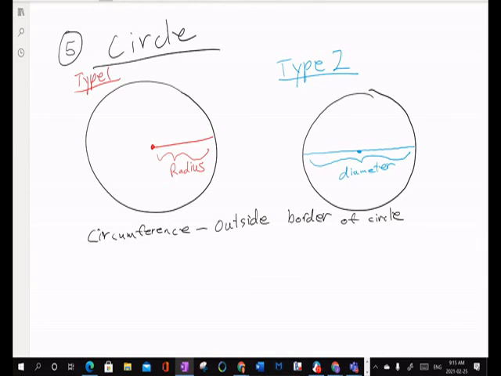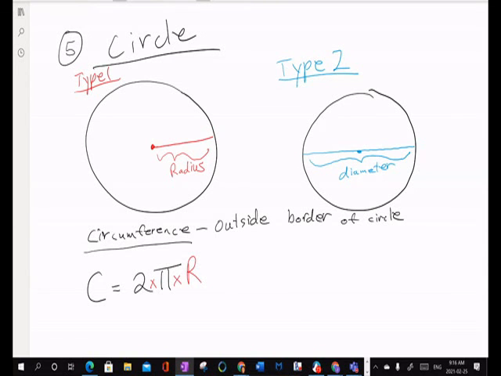Now when you think of a circle and we have circumference, there are two equations that you can use for them. We have this one. Ready? C stands for our circumference, meaning the outside perimeter of our circle, which is 2 pi, so 2 times pi times r.